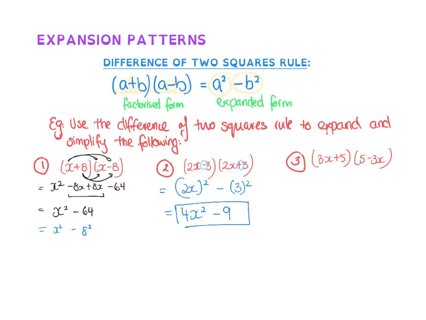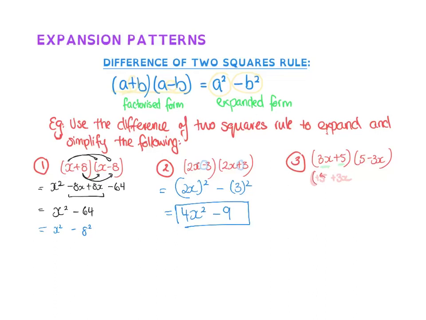So let's have a look at this last one. Even though the signs don't look exactly the same, see how we've got positive 5. I could essentially rewrite this and put the plus 5 at the front. So if I had 5 plus 3x, really we don't need to have that plus there.